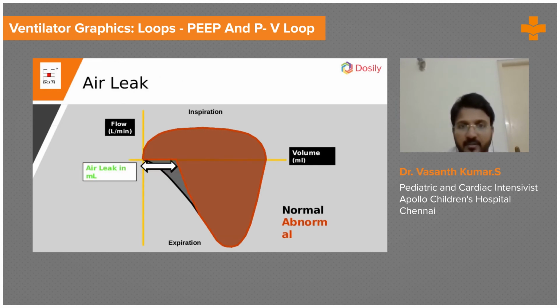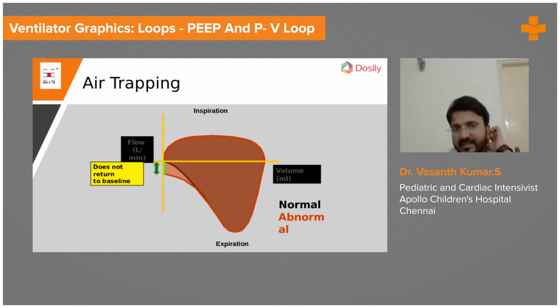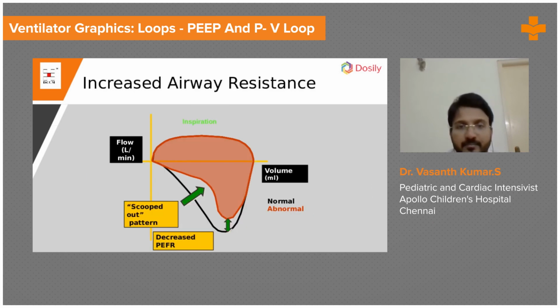In the previous slide, the volume has not touched the baseline. This is called a leak. In the next slide, the volume has touched the baseline, but it has not come to zero. That means there is some air trapped inside the lungs. This is called auto PEEP. Always remember the difference between air leak and air trapping.